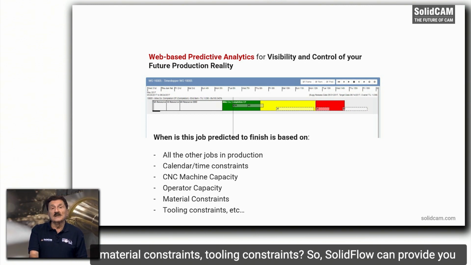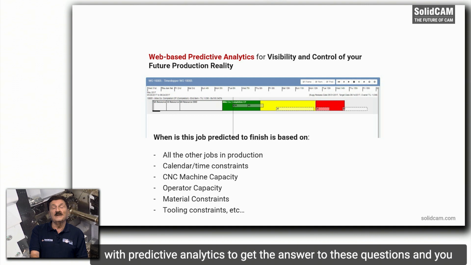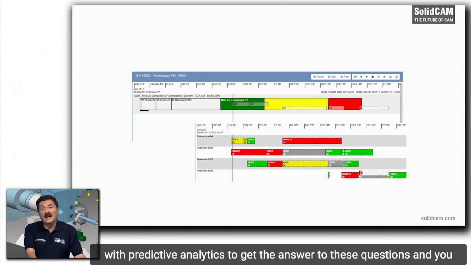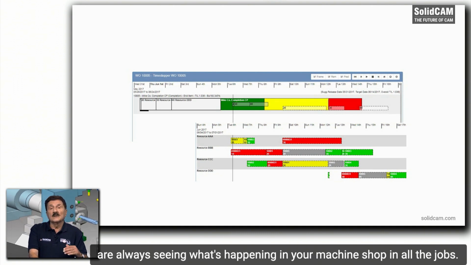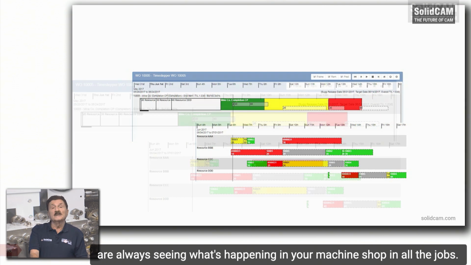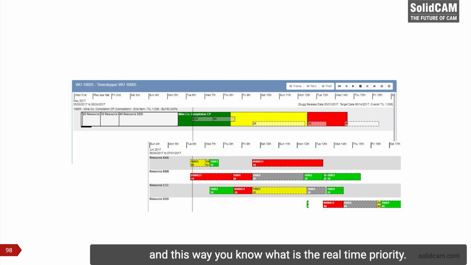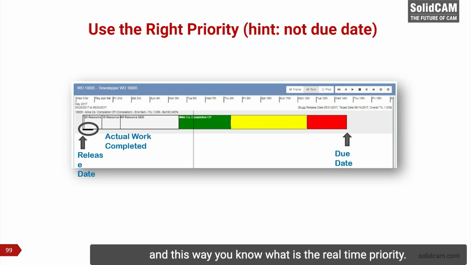So SolidFlow can provide you with predictive analytics to get the answer to these questions. And you are always seeing what's happening in your machine shop, in all the jobs. As you see, some of them are red, some yellow, and some are green. And this way you know what is the real-time priority.